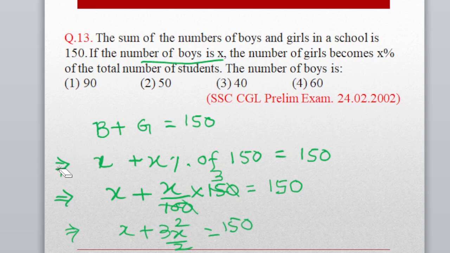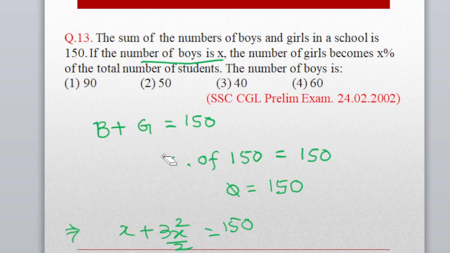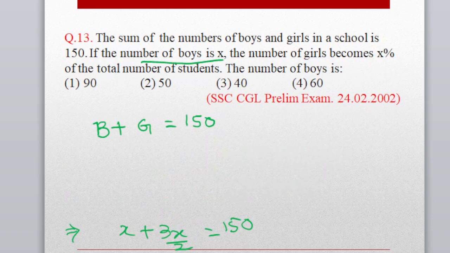Then after solving, we get 2x plus 3x is equal to 150, with the same denominator 2.